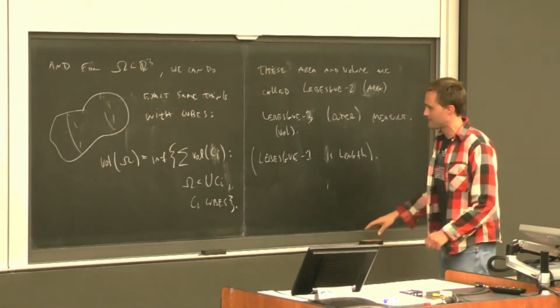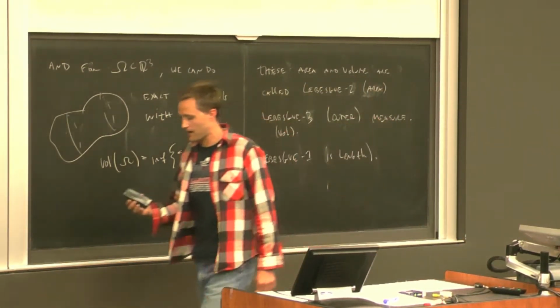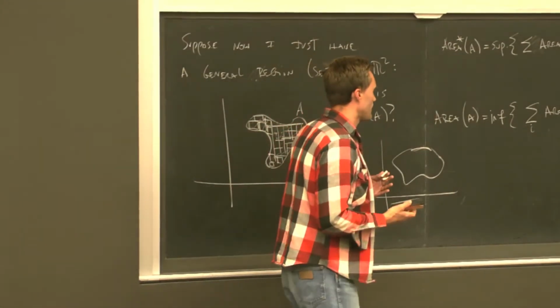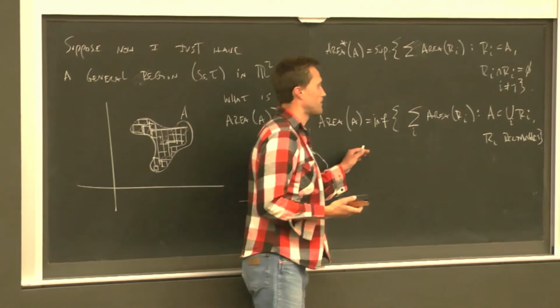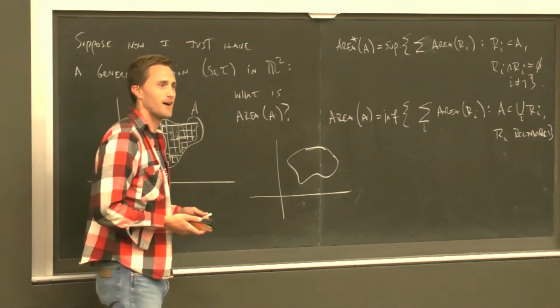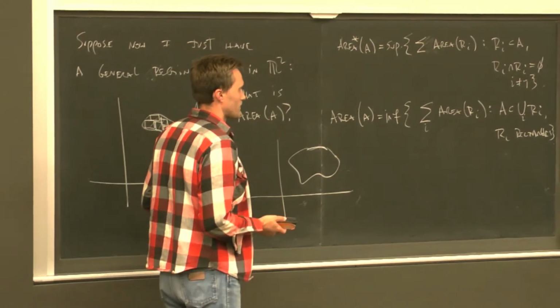So hopefully this seems very intuitive to you. It seems like a very natural way. Hopefully I convinced you that the outer measure is a little more easily defined and easily grappled with.